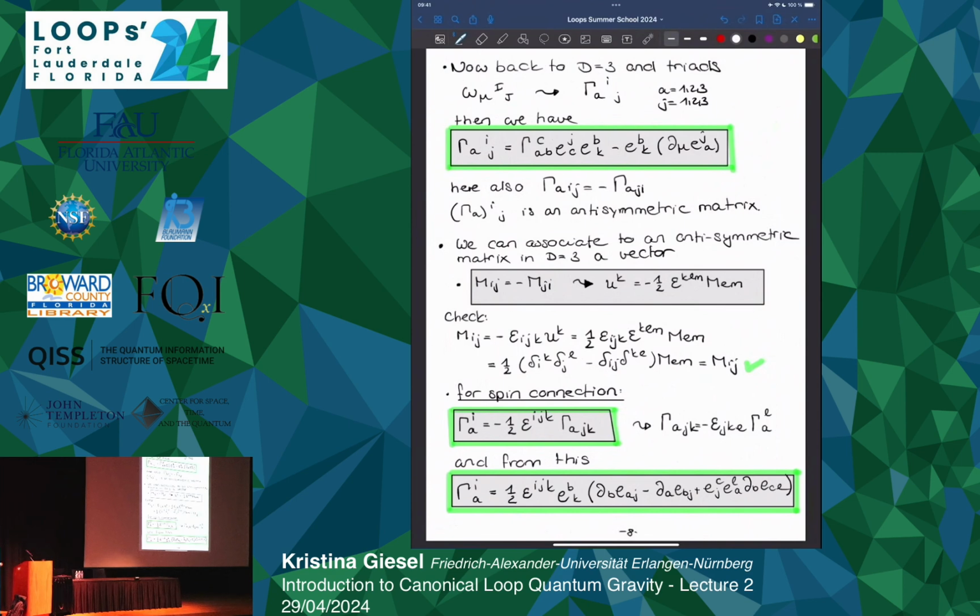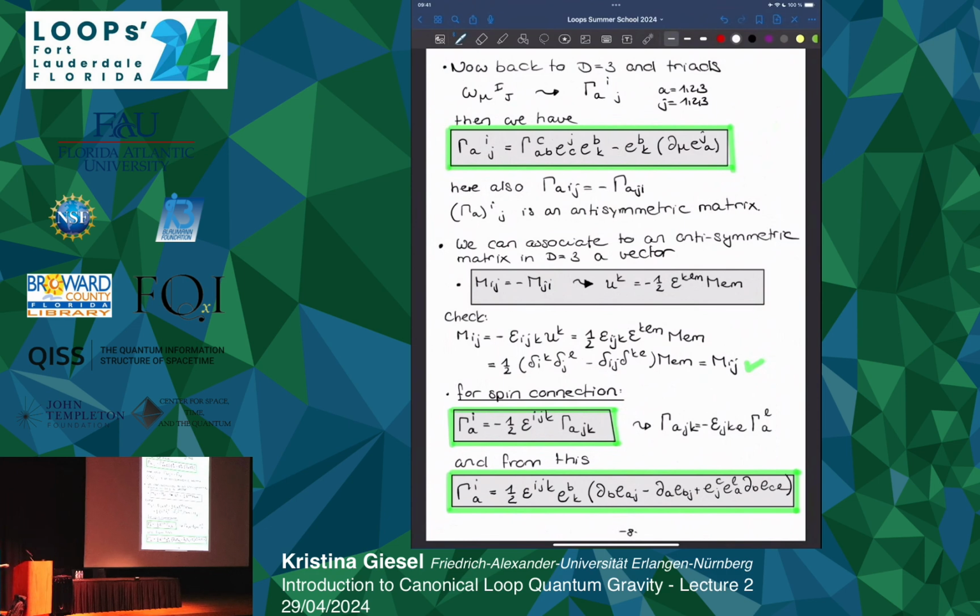Now, in order to write down the final form in which I need the spin connection, we use that we can relate an antisymmetric matrix in 3 dimensions, which has 3 independent degrees of freedom here, to a vector, which I called u^k, by applying an epsilon tensor here in 3 dimensions to the matrix and contract it.